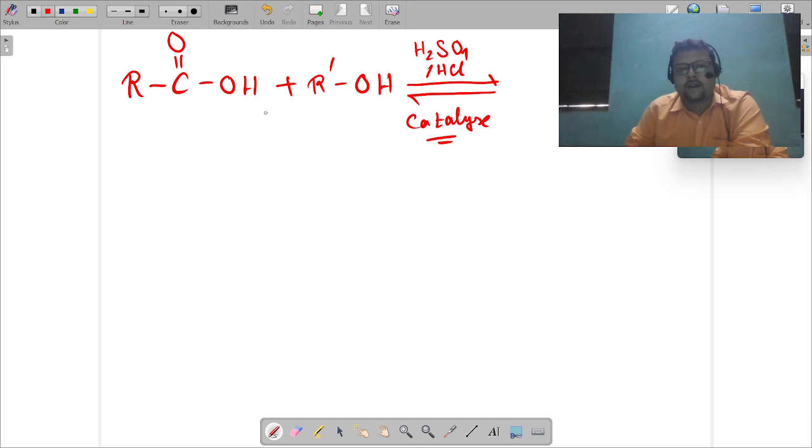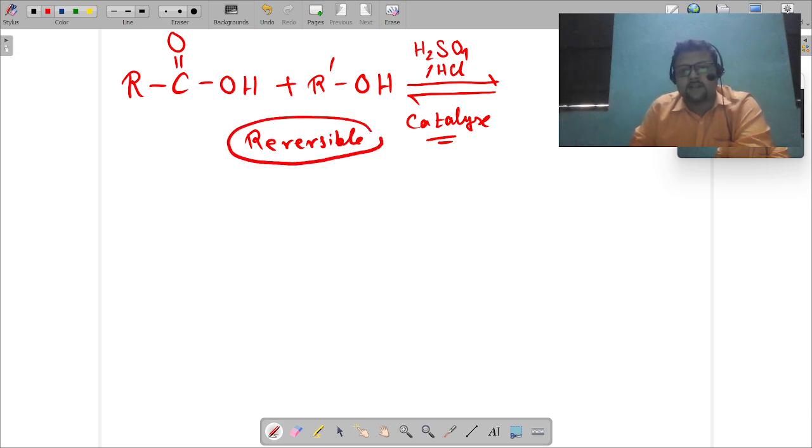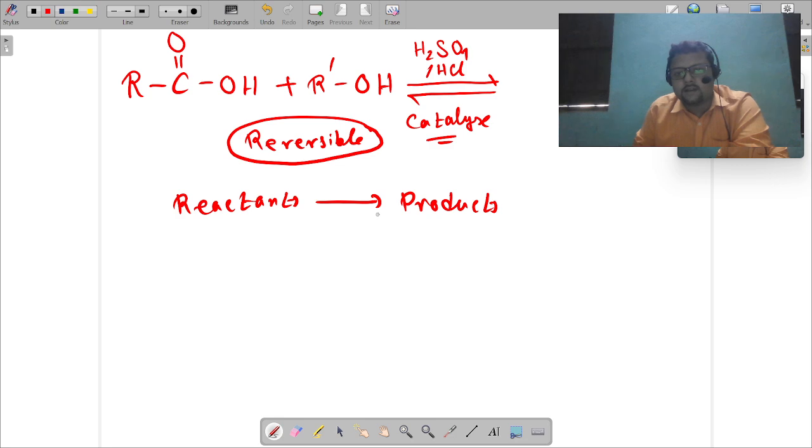Now why do we need to catalyze this reaction? Because this reaction is a reversible one. Reversible means? A reversible reaction means that the reactants can obviously react together to give us the products, but the products also can react among themselves to give back the reactants. As we are doing a reaction here, obviously we will want the product and not the reactants back, because we already have those reactants at hand.